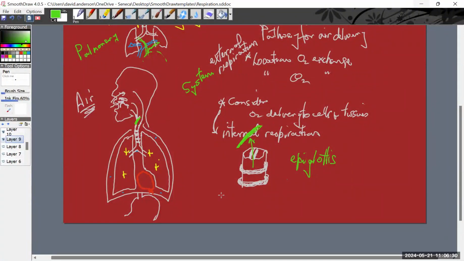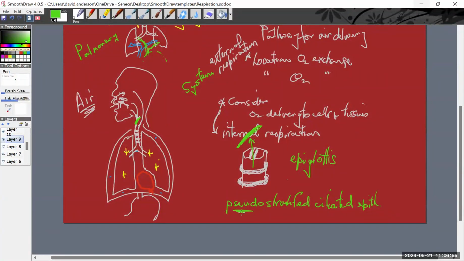The other thing to be aware of while we're on this topic is that our airways are lined by a pseudostratified and ciliated epithelium.